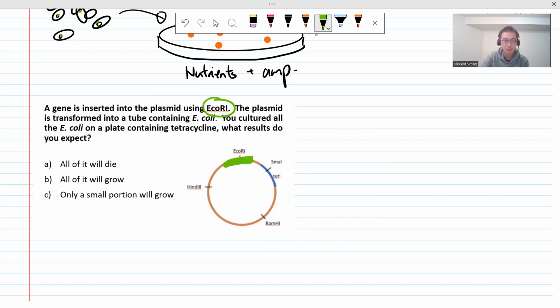That's my gene of interest. Some will accept the plasmid, some will not. So when you grow it on the plate with tetracycline, do you think they're going to grow or not grow? Or like some growth? What do you think?